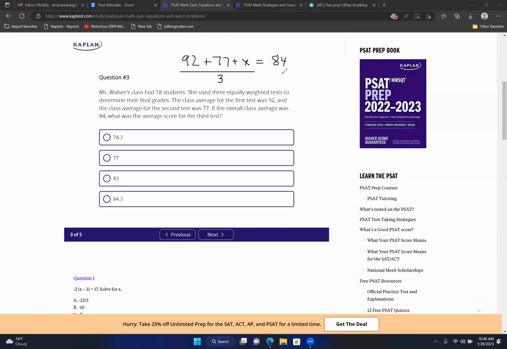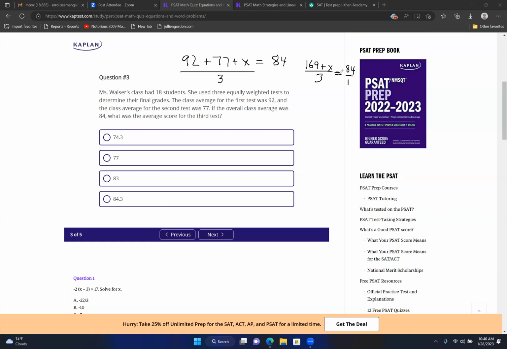What's 92 plus 77? 169. So we got 169 plus x over 3 equals 84. How do we solve that for x? Just cross multiply. This is 84 over 1, right?